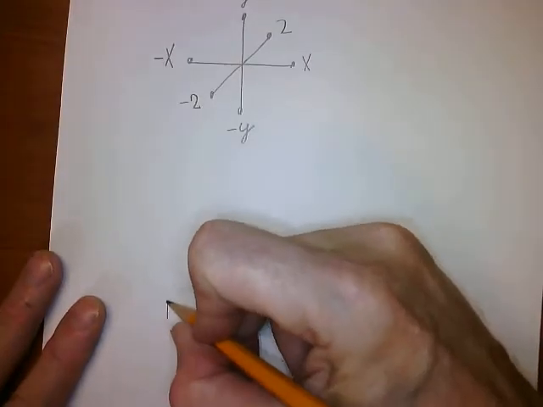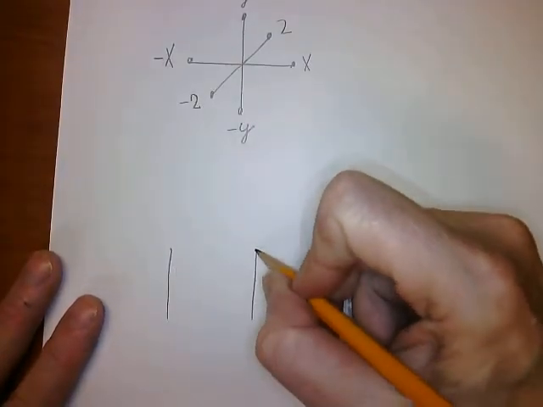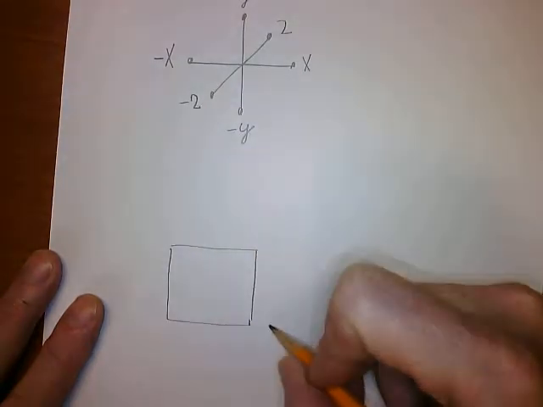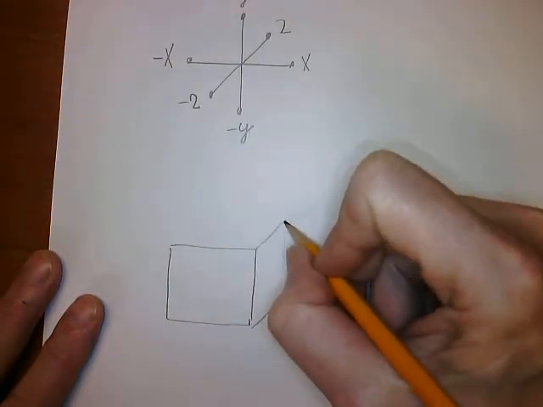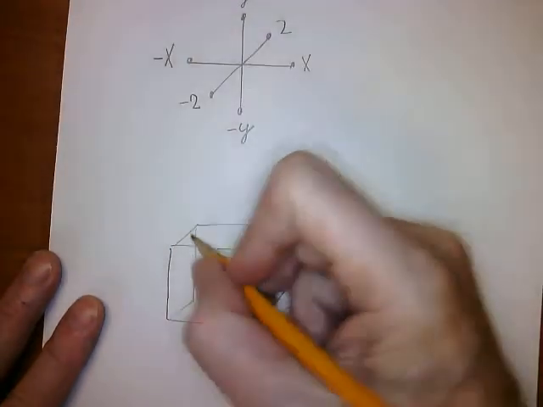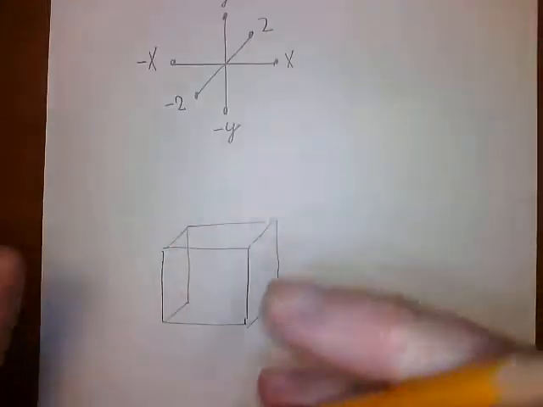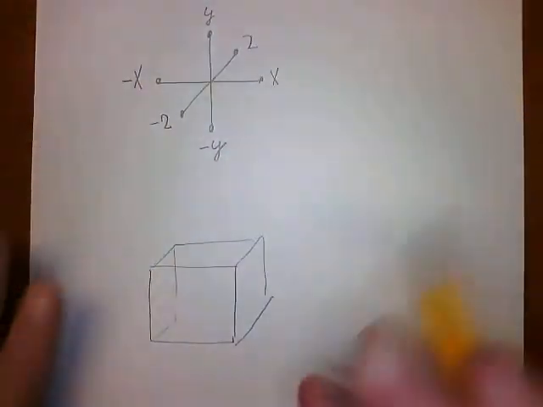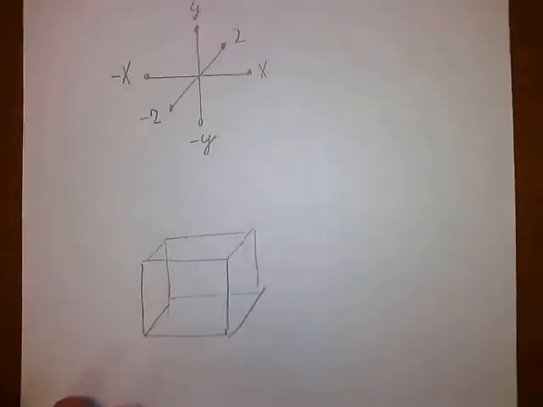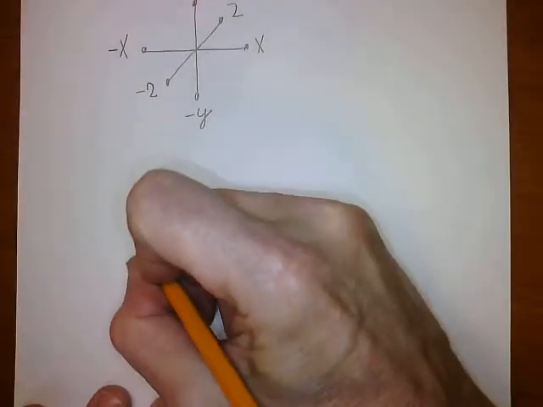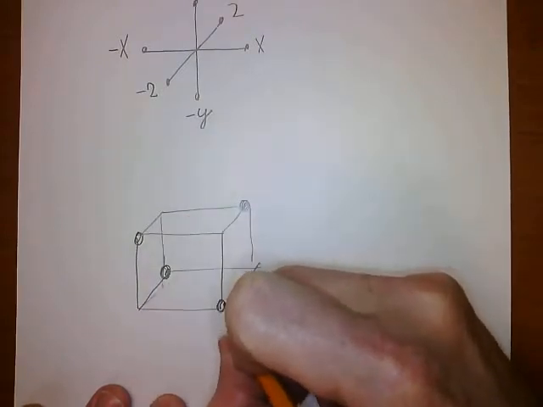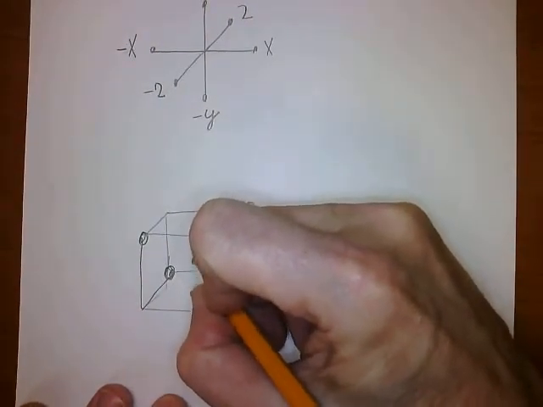So if we look at a tetrahedron, you can think of a tetrahedron as being inscribed in opposite corners of a cube, like this.